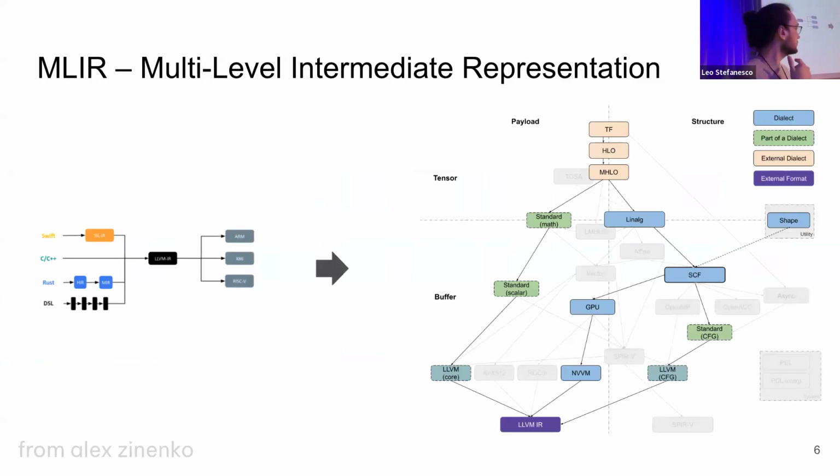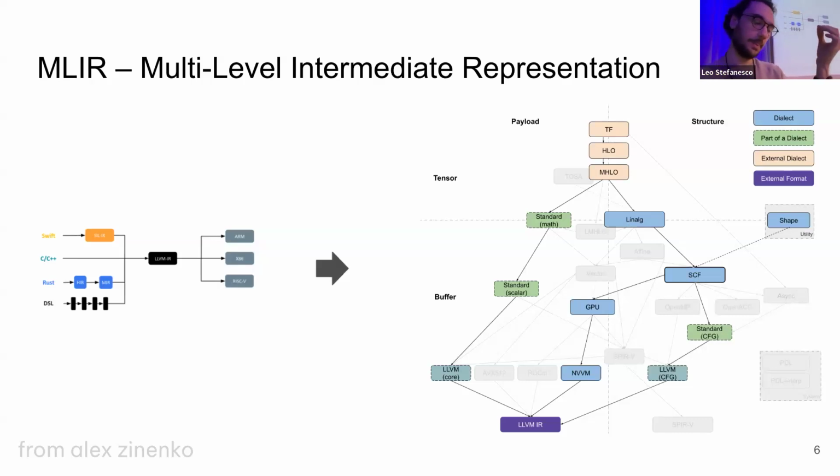For example, it's mostly used in machine learning compilation pipelines. You have a dialect for math, which has addition, multiplication, and so on. You have a dialect for linear algebra, typically matrix multiplications. We have a dialect for structured control flow, which has if-then-else and loops and so on.